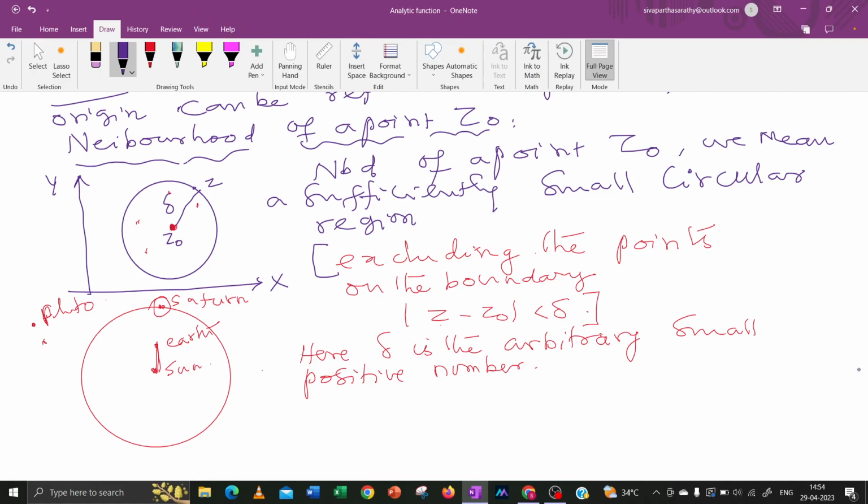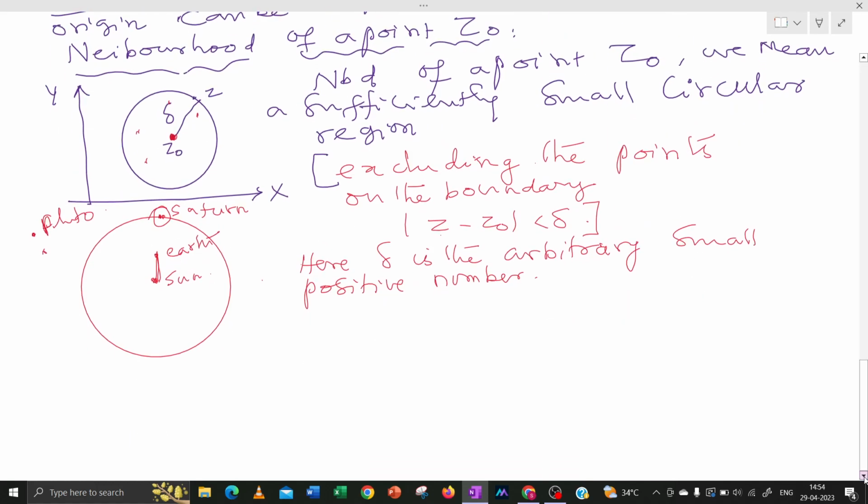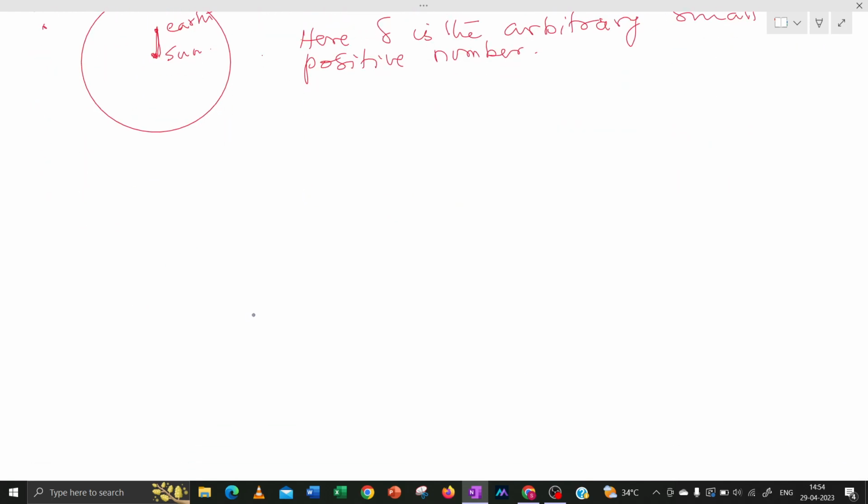Next definition, limit of a function. When is it said to be the limit of a function? We will not solve problems based on this; we just write the definition.